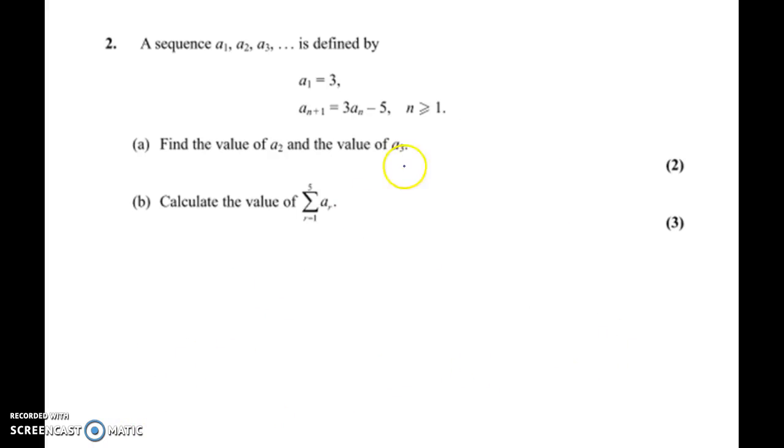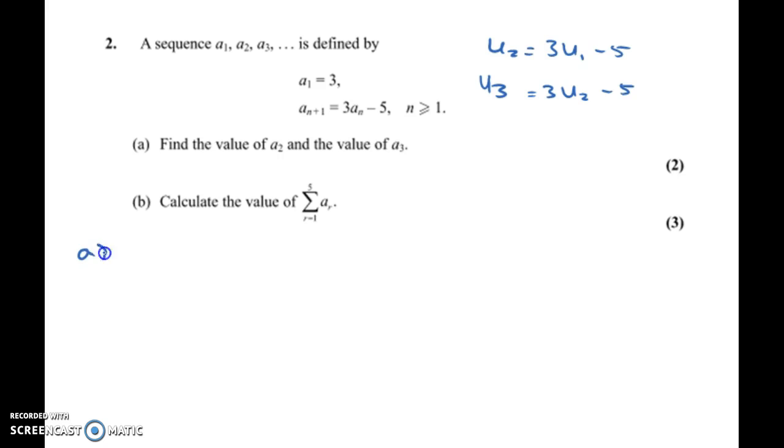Okay, question 2 again. If we want to find u2, it's going to be 3 lots of u1, take away 5. If we want to find u3, it's going to be 3 lots of u2, take away 5.